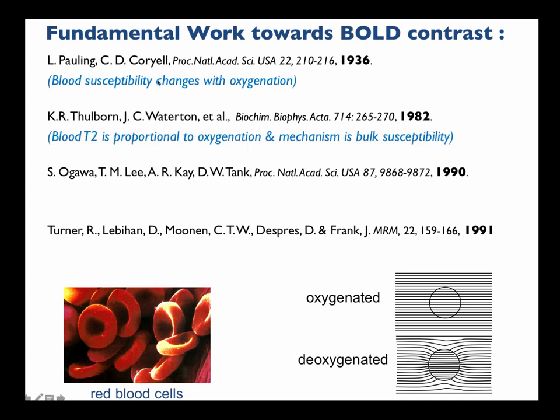Keith Thulborn, who was at the time a spectroscopist, in 1982 characterized the fact that the blood T2, the relaxation rate, changes with oxygenation. But it's interesting. He didn't really pursue it as far as thinking that it could be used for looking at brain activation. In some sense, the spectroscopists and physicists and physiologists didn't really talk as much to the neuroscientists. So there wasn't this idea of, oh, we can maybe use this to map brain function. It was more for physiology.